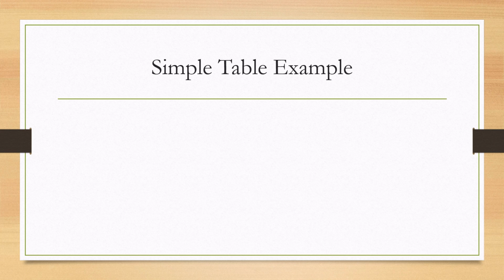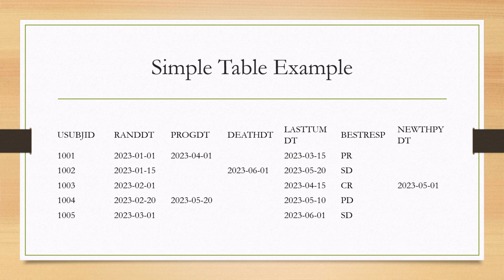Now let's see a sample table example. In this table, the first column is the subject ID, next is the randomization date column, then the progression date, death date, last tumor assessment date, the best overall response, and the last is the new anti-cancer therapy start date. In this sample table example, you can see we have data for 5 subjects.